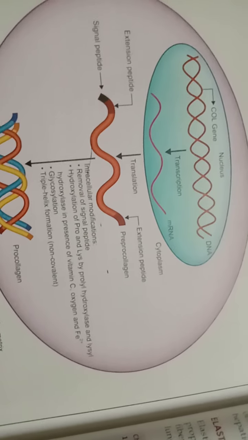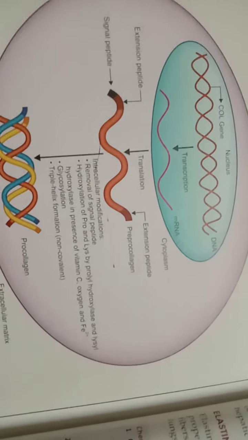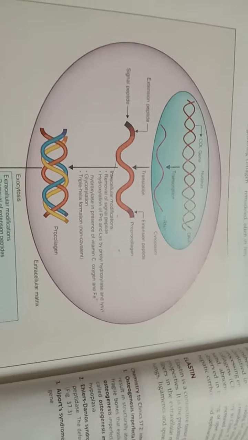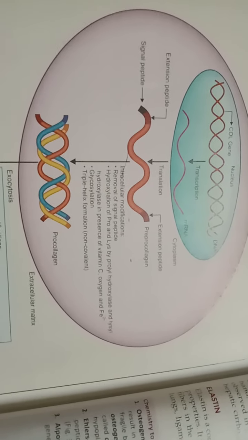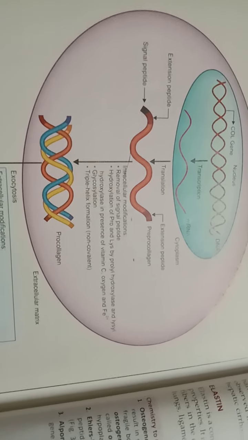These extension and signal peptides will be removed with the help of a few enzymes. Here you see that is post-translational modification. Pre-pro-collagen under post-translational modification will change into pro-collagen.